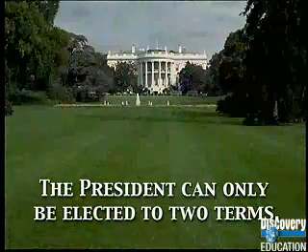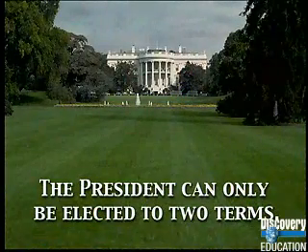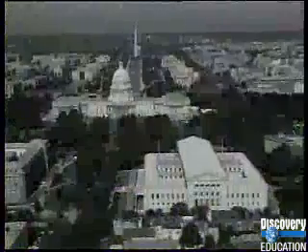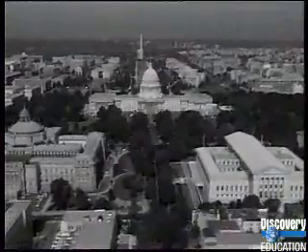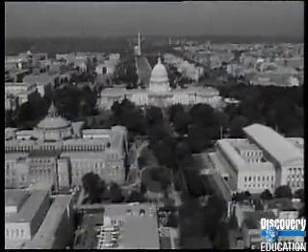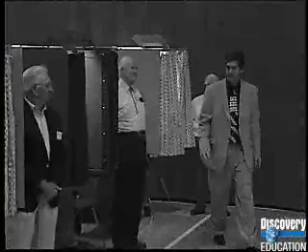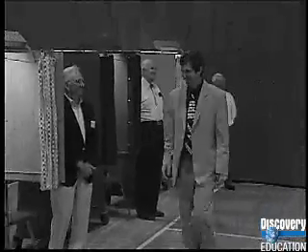The 22nd Amendment also deals with the presidency. It limits the number of times a person can be elected president to 2 terms. Did you know that people living in Washington, D.C. couldn't vote in presidential elections until 1961? That's when the 23rd Amendment, which grants that right, went into effect.